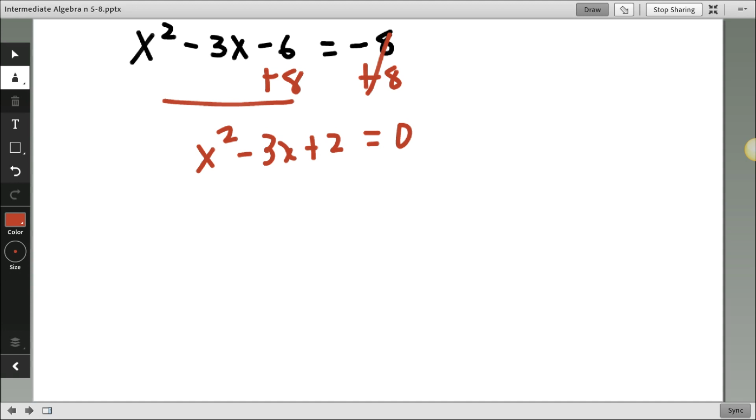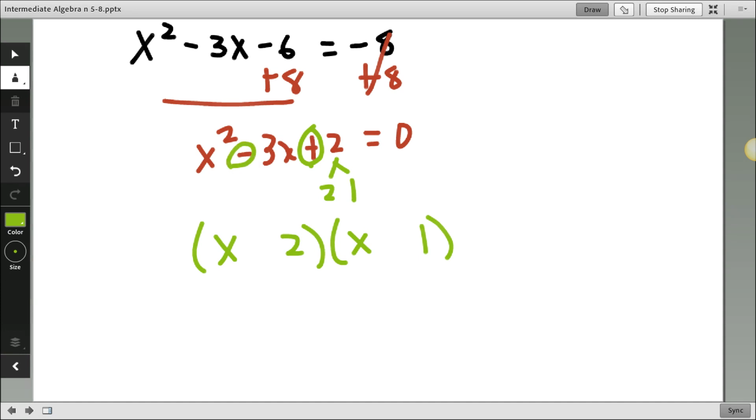Because it's quadratic, we're going to have to factor and set each factor equal to 0. So we want to find factors of 2 that add to be 3. Well, the only factors of 2 are 2 and 1. So our factors will be x with a 2, x with a 1. Remember, this tells us that the signs are the same or different. Plus sign means that the signs are the same. This is what goes in both if they're the same.